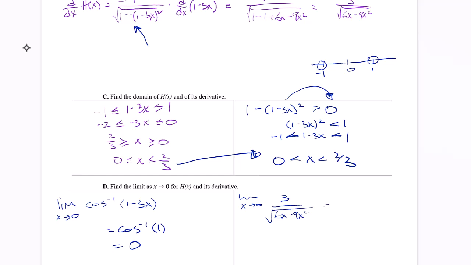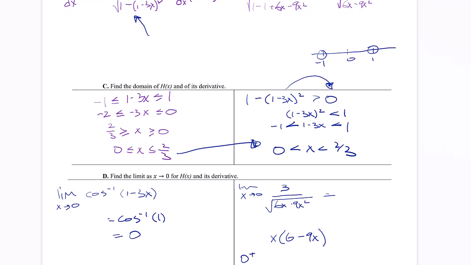And that's not looking good, but it's going to essentially blow up to infinity if you approach it, depending on what happens. So let's look at that denominator: x times 6 minus 9x. Approaching 0 from the right, coming in from the positive side, that's going to be positive times positive as well.